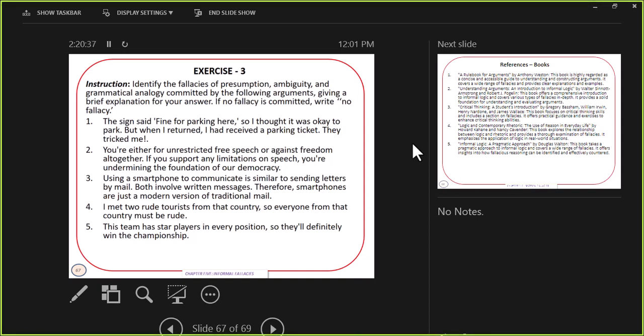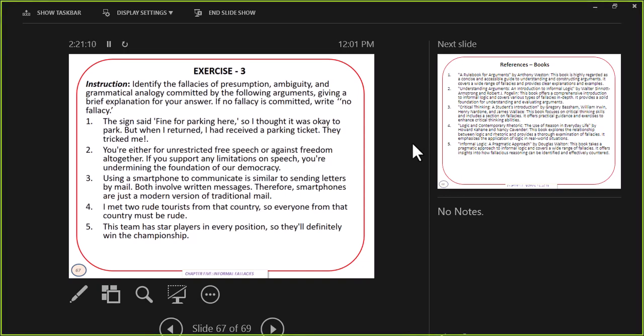Yes, which fallacy of presumption, ambiguity, or grammatical analogy is committed? Yes. And justification.